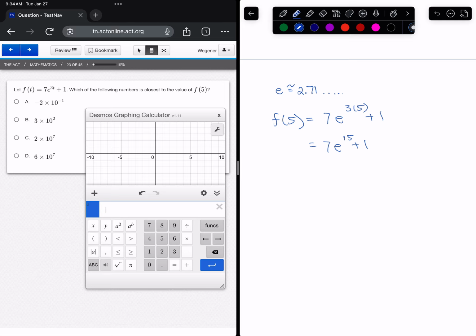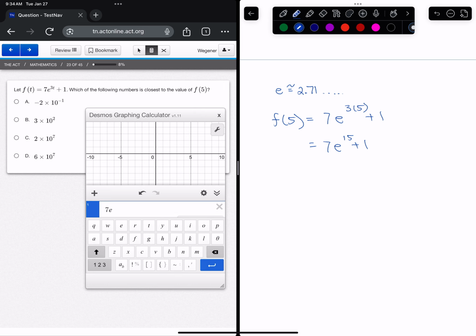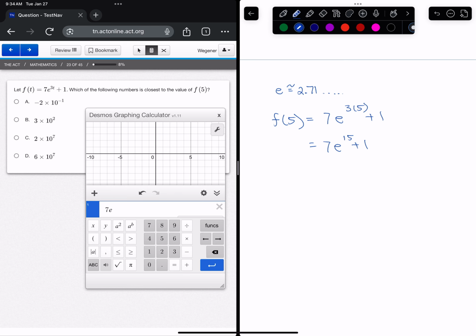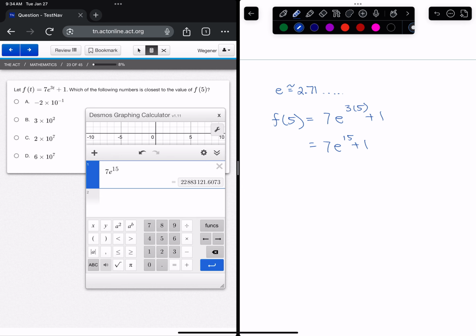We use exponents. So if I did 7, where's my e? So e is a number, so we're just going to go to ABC. So 7 times e to the power of 15 is a really, really big number, plus 1. Okay, we got 2, 2, 8, 8, 3, 1, 2, 2. Okay, it's a really, really big number, so that's what we got.